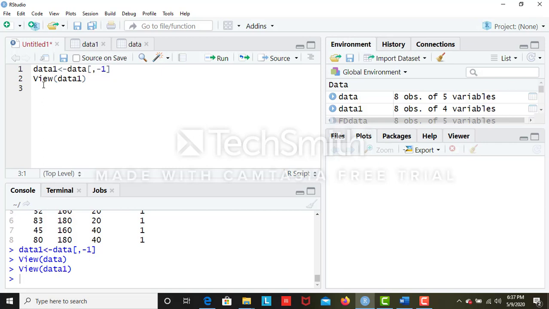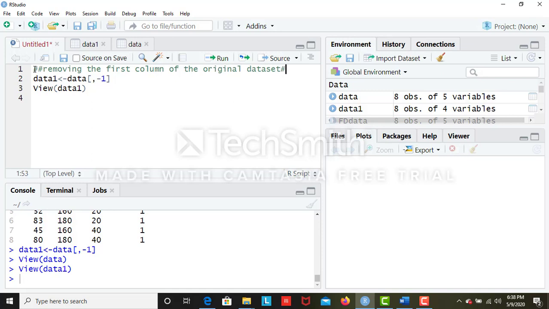So here, what I did was, let me put some comments: removing the first column of the original data set.